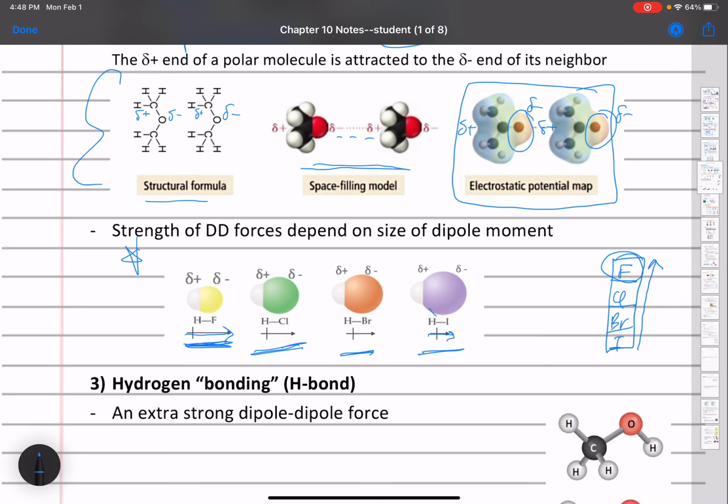Even though iodine is a larger atom here, that's why the size is different of those colored balls, because the atoms are getting larger, but the electronegativity difference is getting smaller and smaller. And so 2 HF molecules are going to be more strongly attracted to each other than 2 HI molecules, simply because the dipole moment is greater, those partial charges are greater.